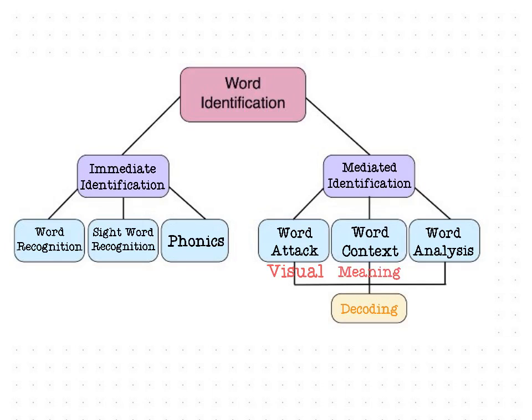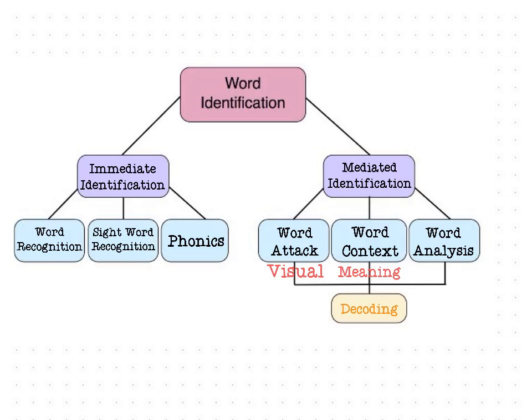The last area of mediated identification is word analysis. Word analysis is where boys and girls try to figure out a word in a sentence using the grammar of the sentence. Sometimes they know a noun is missing. Sometimes they know they're guessing a verb. Sometimes they're just thinking about how the words sound when you put them in order.